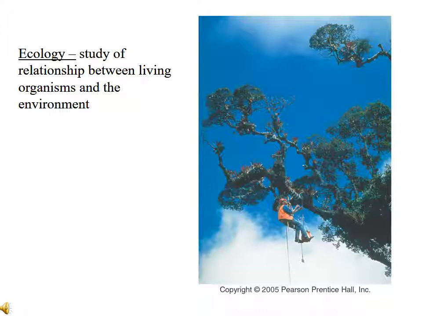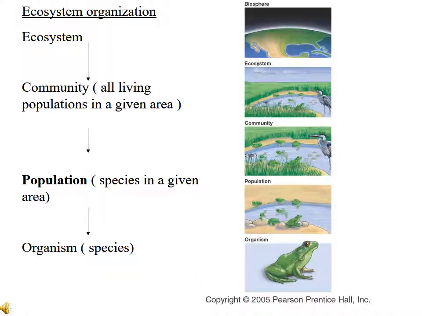All of us have a view of ecology with respect to the environment, with respect to how we treat the environment. We will focus greatly on the relationships between living and non-living entities. If we look at the organization of an ecosystem from the bottom up, we see, first of all, that we have species, organisms.